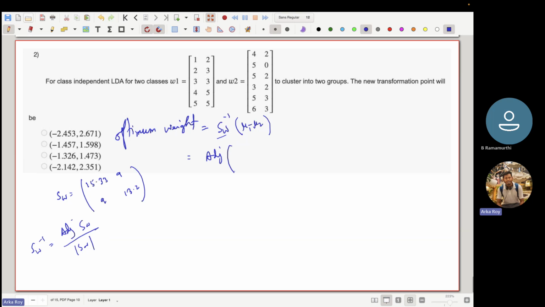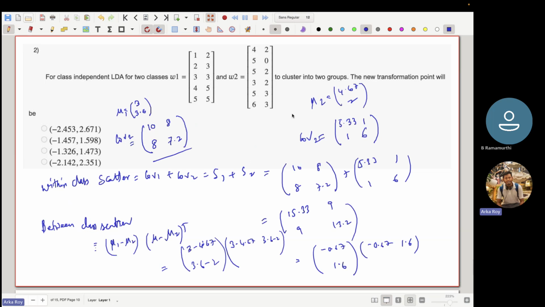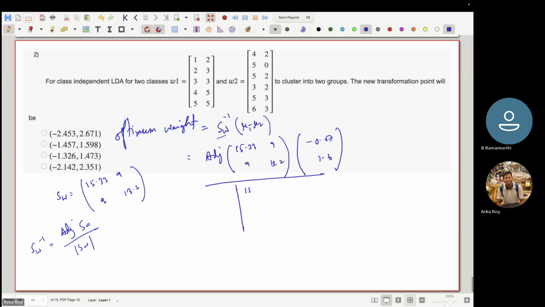So I'm writing adjoint of 15.33, 9, 9, 13.2, and then mu1 minus mu2, which we already have seen, minus 0.67, 1.6, divided by determinant of 15.33, 9, 9, 13.2.